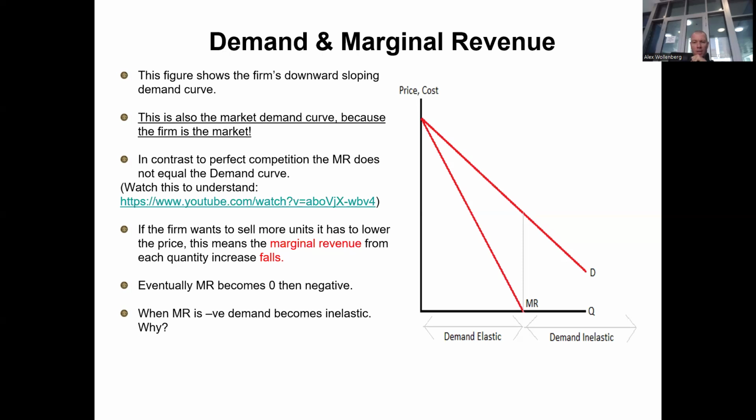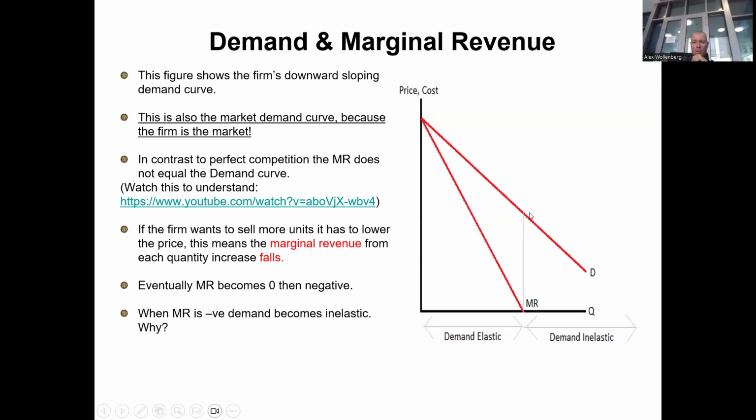So the monopoly can lower the price and achieve higher revenue as long as it does so in the elastic portion of the demand curve. And at the point of unit elasticity, marginal revenue becomes zero.